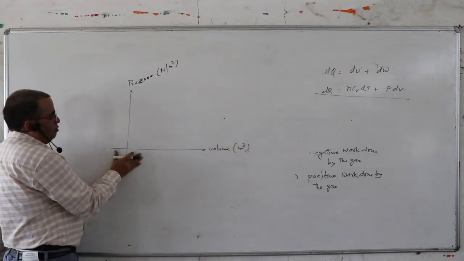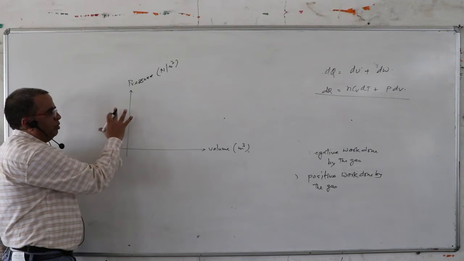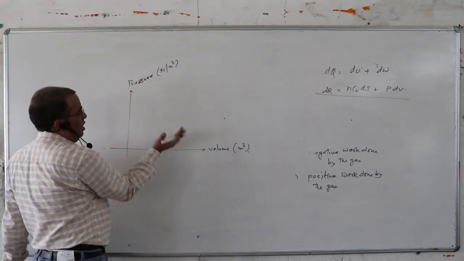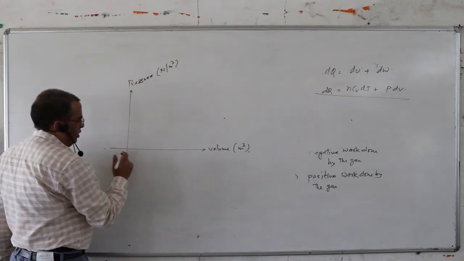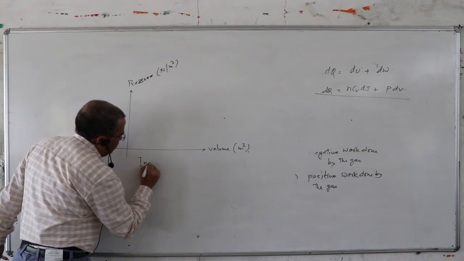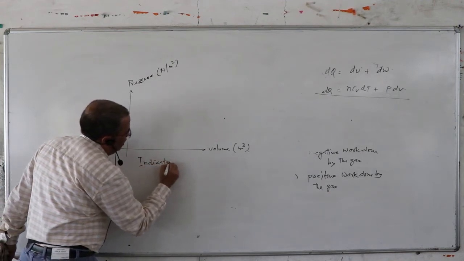When a graph between these two thermodynamic variables, pressure and volume, is plotted, such a diagram is known as an indicator diagram.